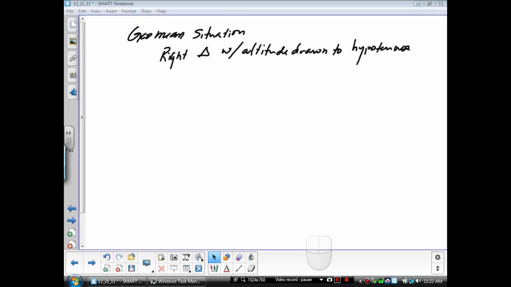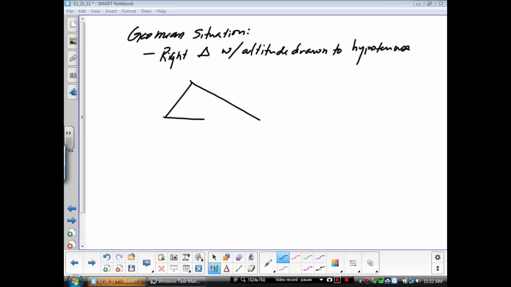So what we have done is we've looked at the geometric mean situation, is kind of what I call it. It's when you have a right triangle with an altitude drawn to the hypotenuse. So in that situation, here's your right angle, altitude drawn to the hypotenuse.